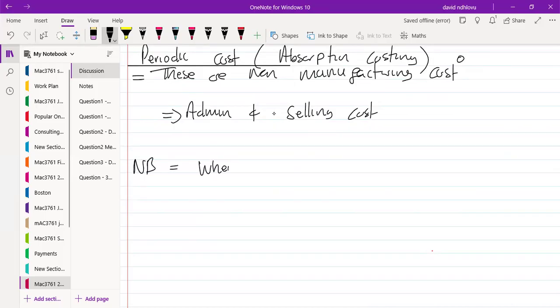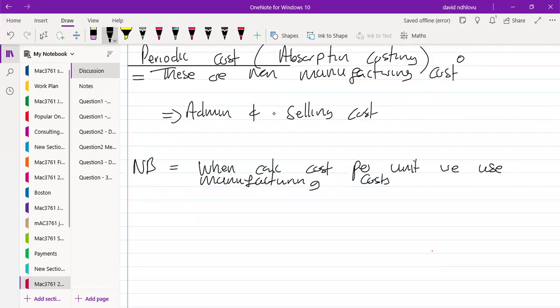Right, when calculating cost per unit, we use manufacturing costs only. So very simply put, when you are calculating the cost of a product, the cost of manufacturing something, you only include the manufacturing cost.